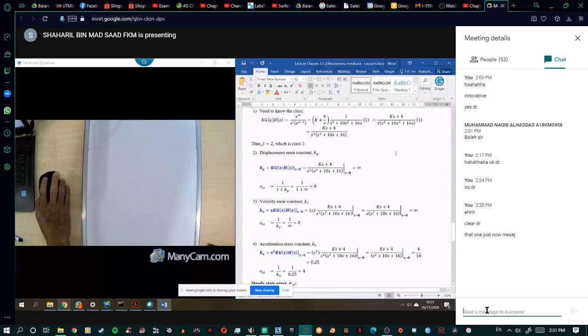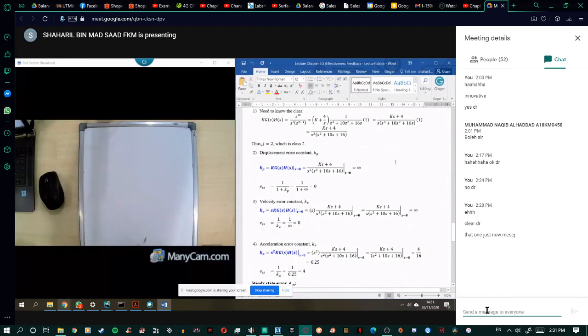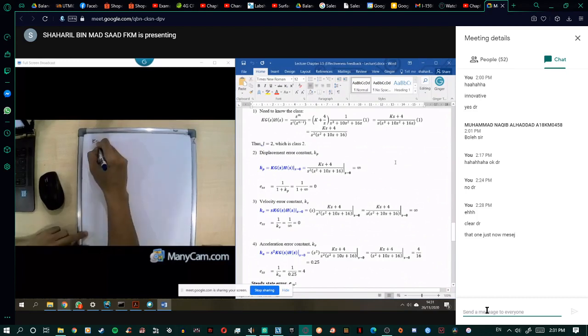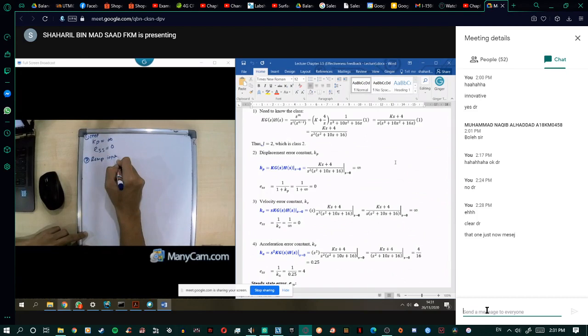Based on the result, we get Kp equal to infinity, so the steady state error equals 0. This one is for the step input. Number 2, for the ramp input, you get Kv equal to infinity and steady state error equal to 0.